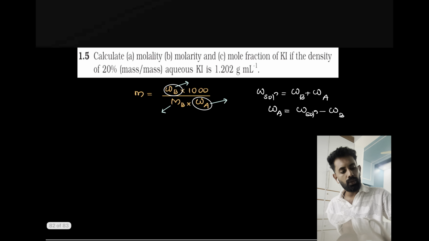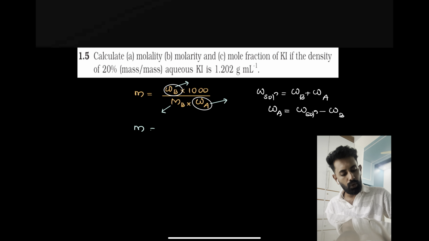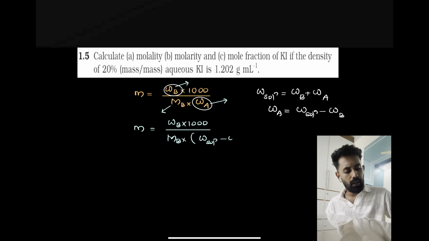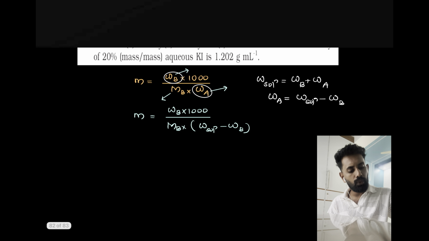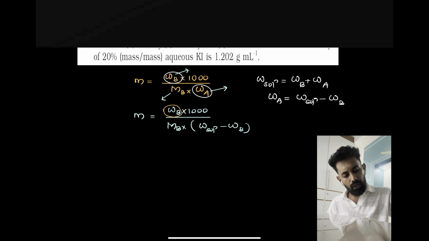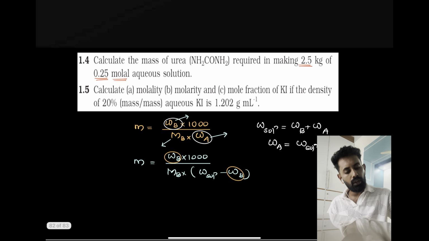After substituting all this, we get another equation: molality equal to WB into 1000 divided by MB into (W solution minus WB). Now in this equation there is only one unknown, that is WB, the mass of solute, which in this case is the mass of urea.